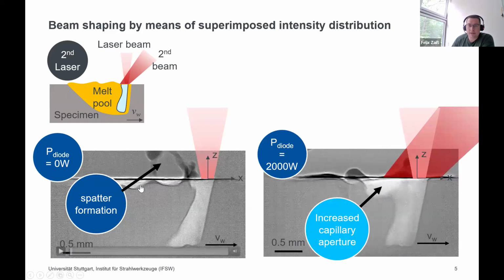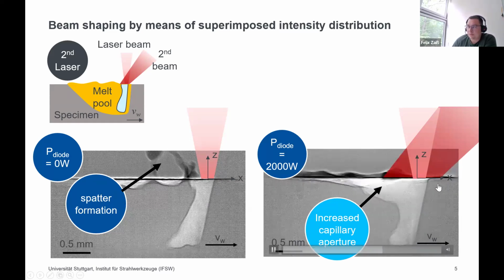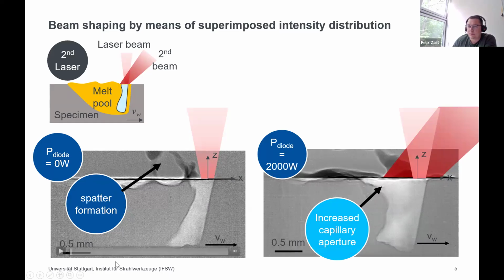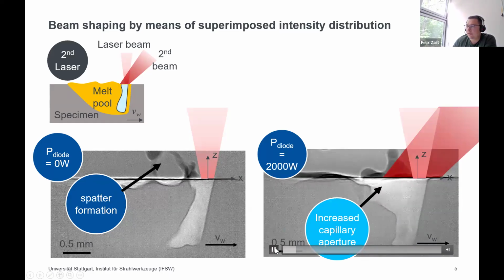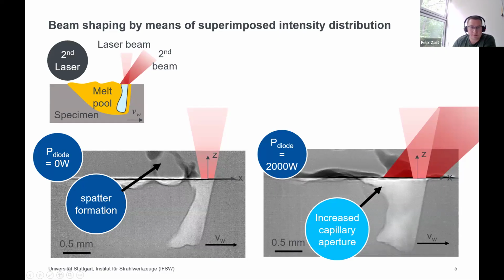If we then apply the diode laser, we see a great change in the shape of the capillary and a change of the capillary back wall behavior. If I record it again, you can see that from the backside of the capillary, basically no spatter occurred. However, now we have other effects, but the main issue here was to reduce the spatter formation from the backside of the capillary.